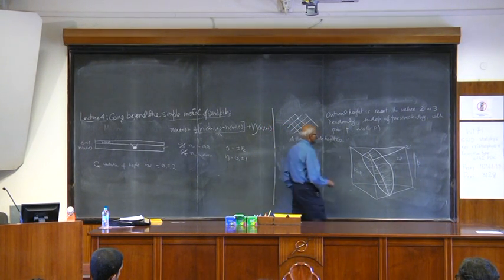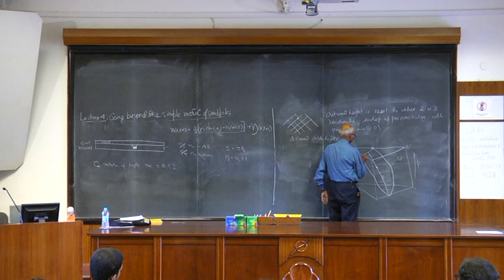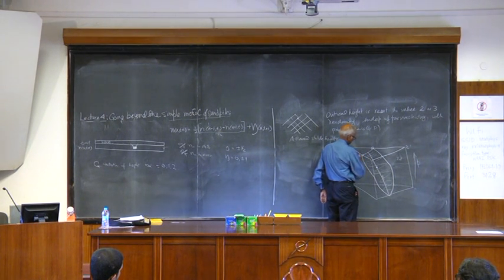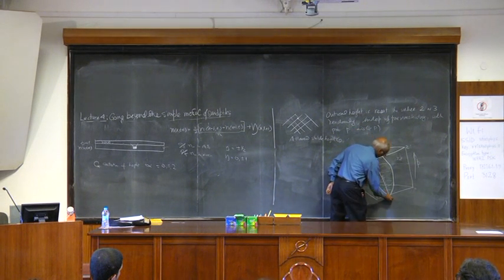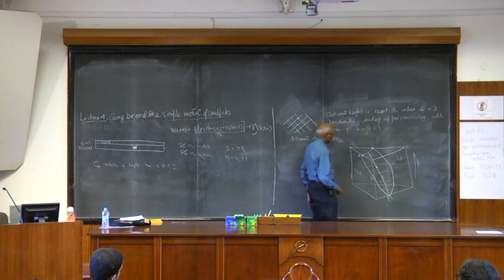So, let us first start by naming them. This point is called A, and this point is called B, and this point is called C.